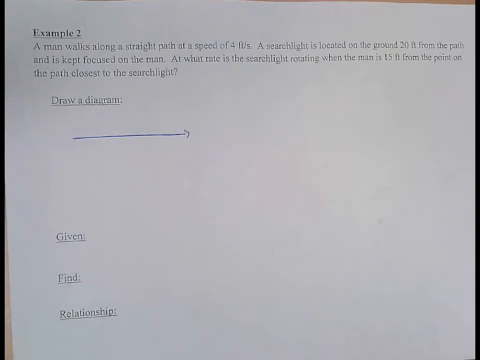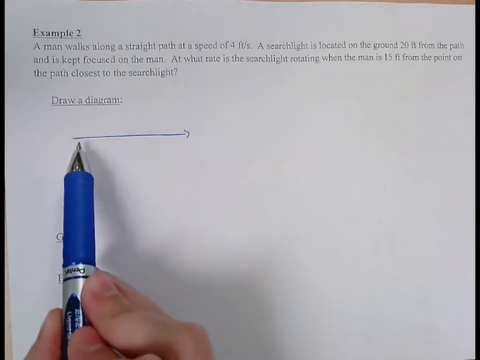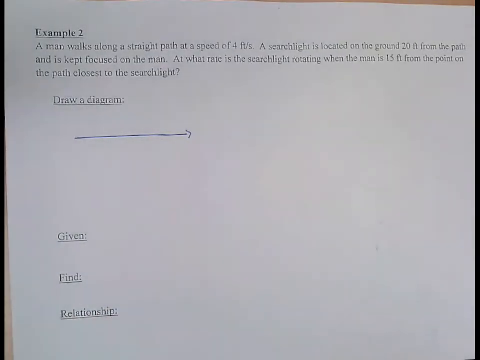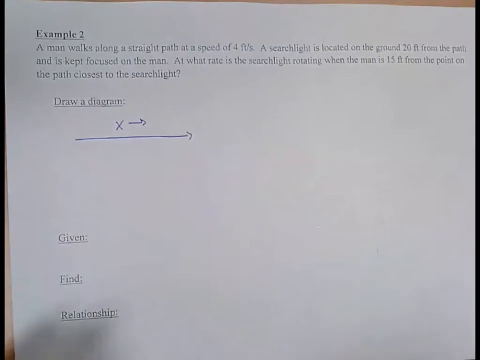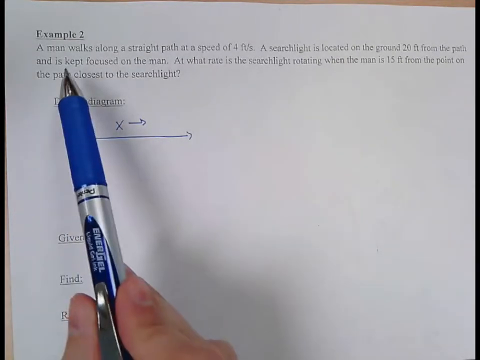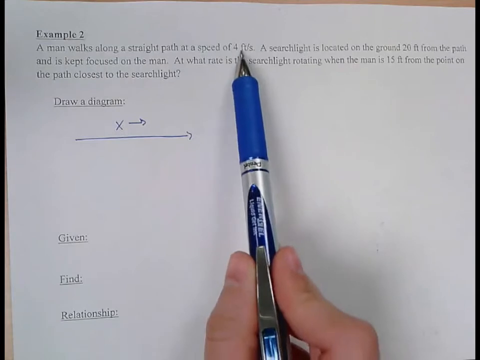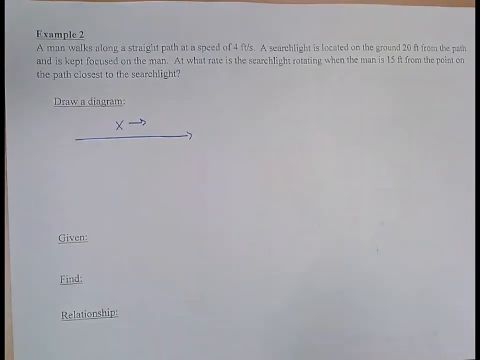Now again, in a diagram, anything that would be changing length, you should assign a variable to it. So I know this is going to be a side of something, and I'm going to call this x because I know that it's changing. The length of that is changing based on how far he's walking. I'm labeling it x because I'm given the man's speed is 4 feet per second, so I'm given the rate of x in the problem.